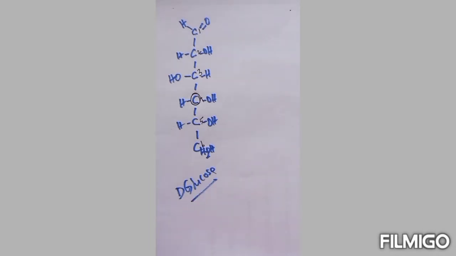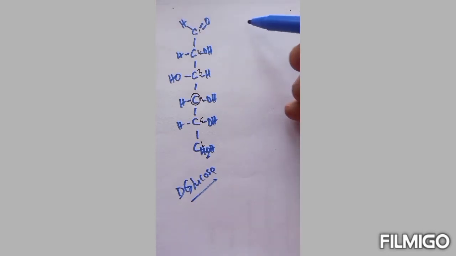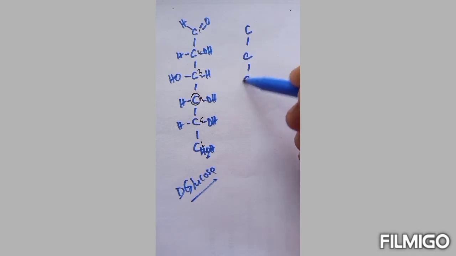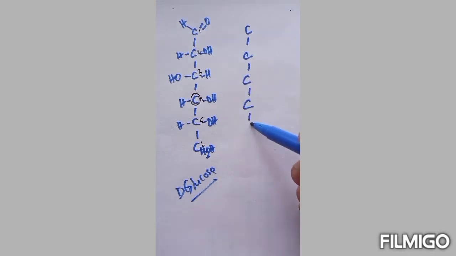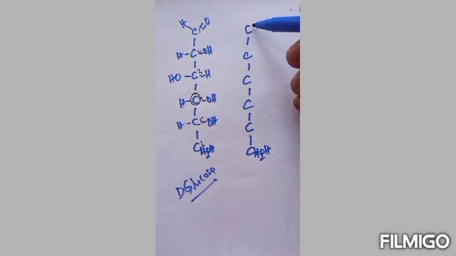Now we can try the structure of fructose, which is a ketohexose. Like in the case of glucose, 6 carbons first: 1, 2, 3, 4, 5, 6. The last carbon will have a CH2OH arrangement. And the first carbon, fructose being a ketohexose, will also have a CH2OH arrangement.